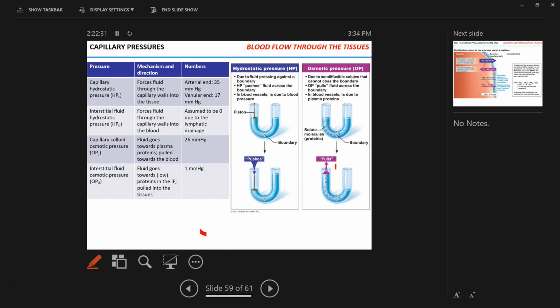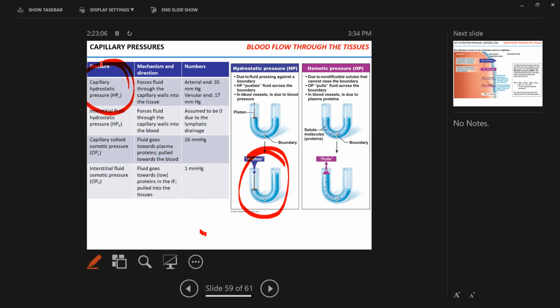Think about if you have a garden hose with a fluid in it, and you start poking holes. What's going to happen through those holes? Little leakage, right? That's the hydrostatic pressure of the water in the hose. Does that make sense? So basically, hydrostatic pressure is the mechanical pressure of fluid, and I always say hydrostatic pressure pushes. Does that make sense?